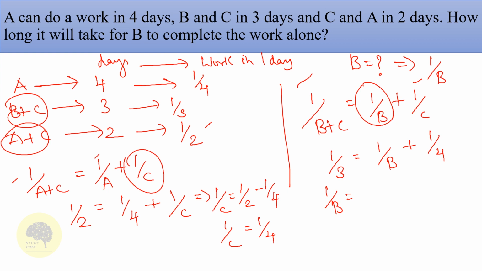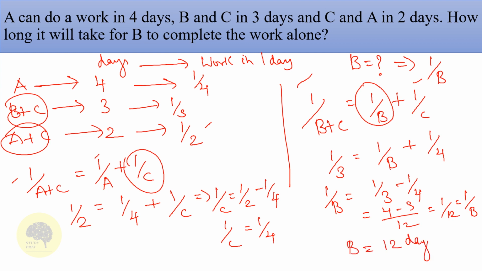So 1 by B is equal to 1 by 3 minus 1 by 4. Therefore, 4 minus 3 by 12. Therefore, 1 by 12 amount of work can be done by B alone in one day. From this we can say B can complete the work in 12 days alone.